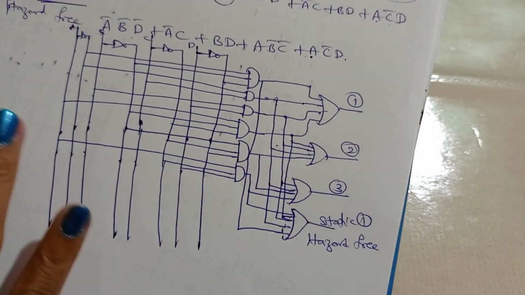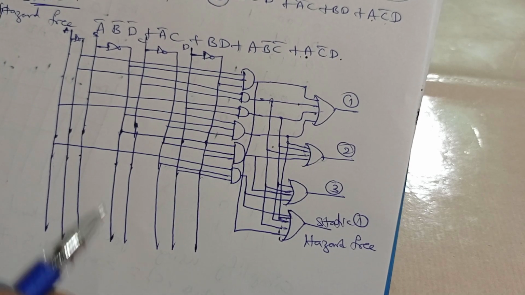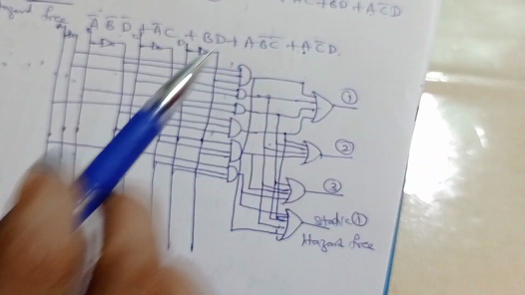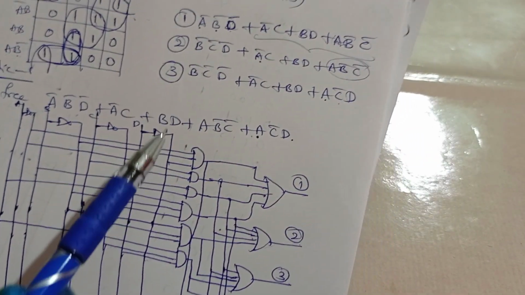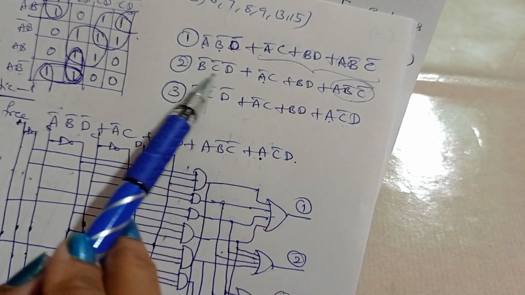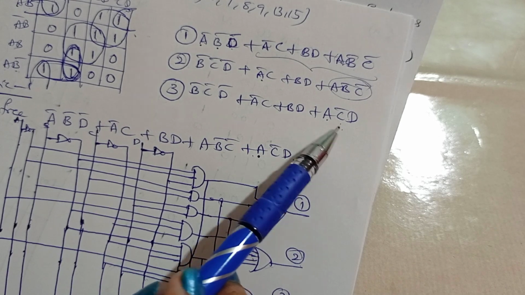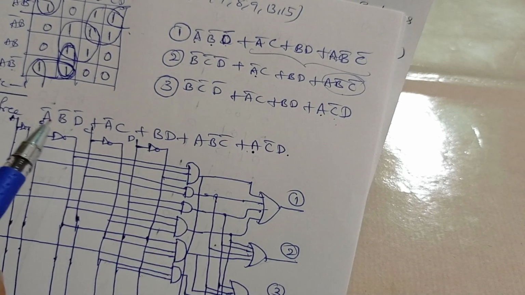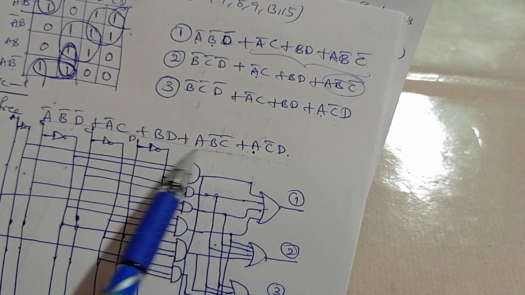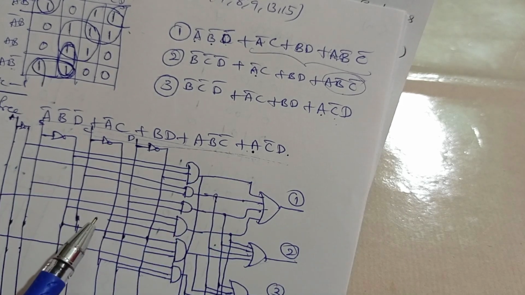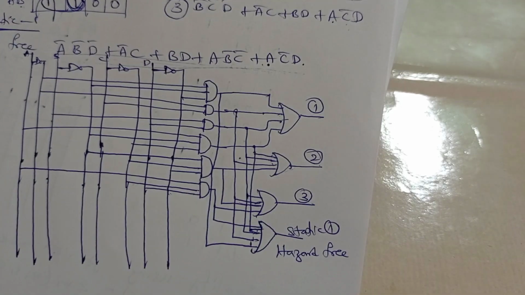You can draw this separately also. Each and every expression, that is SOP, this one circuit and again this one more circuit and this one more circuit using basic AND OR gates, and for this hazard free expression SOP, one more circuit.